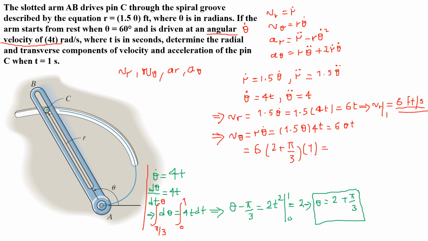Then we can just plug this into the calculator and find our answer. Okay, so let me do this. So here I got 18.3 feet per second.